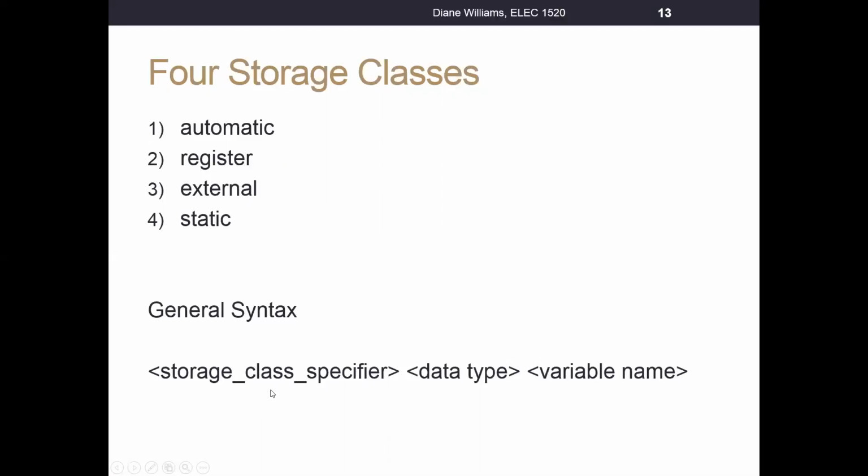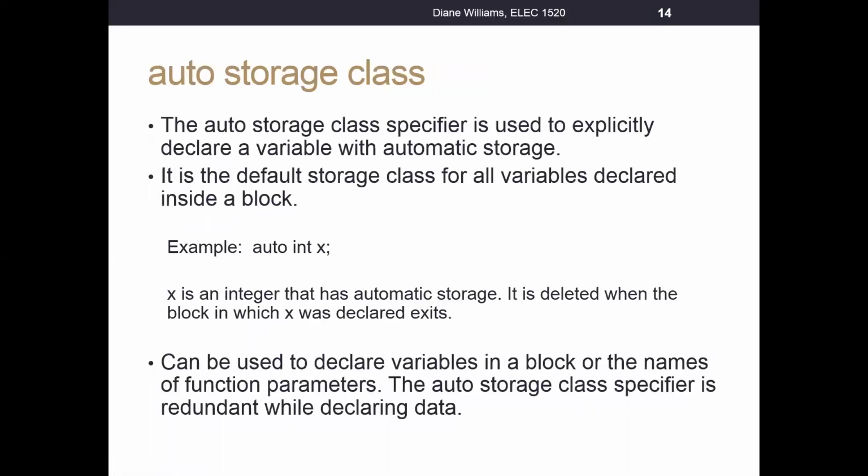We're going to see that we can have a storage class specifier. Whenever we declare a variable or a function, we can use this storage class specifier in front of it. When we've declared variables, we've already declared them with data types and variable names. Well, we can add a storage class specifier as well. That's the general syntax. The auto storage class specifier is used to explicitly declare a variable with automatic storage. It is the default storage class for all variables declared.